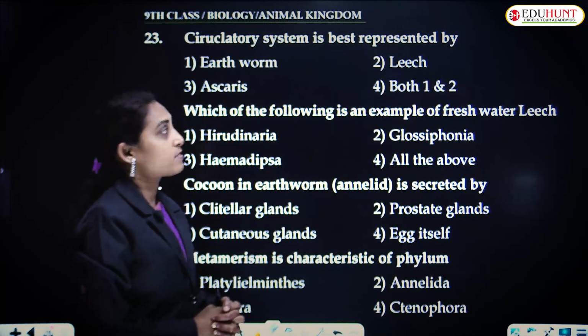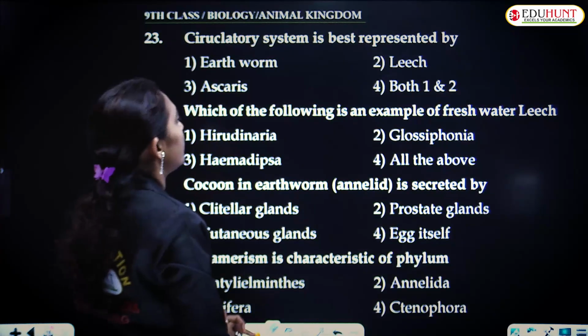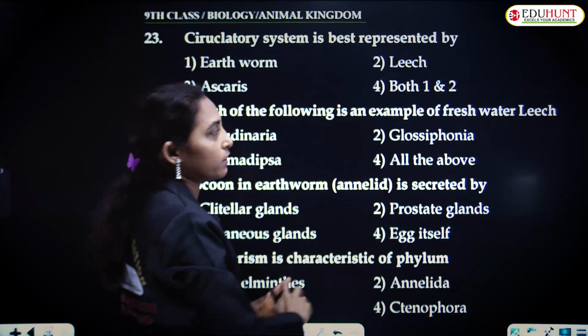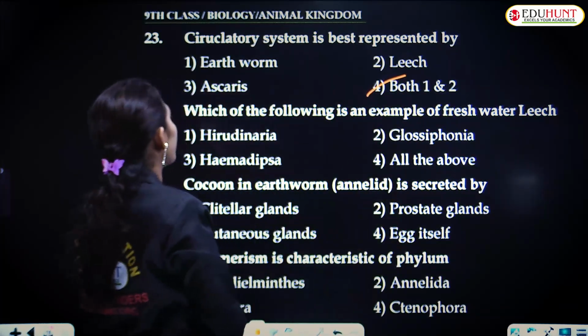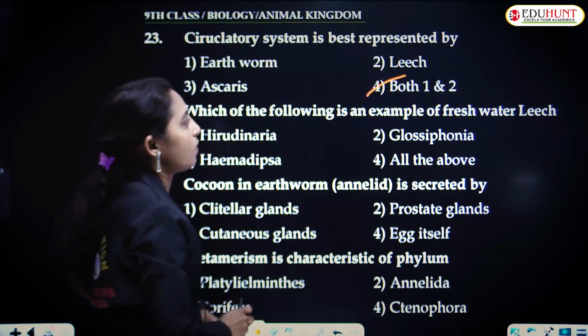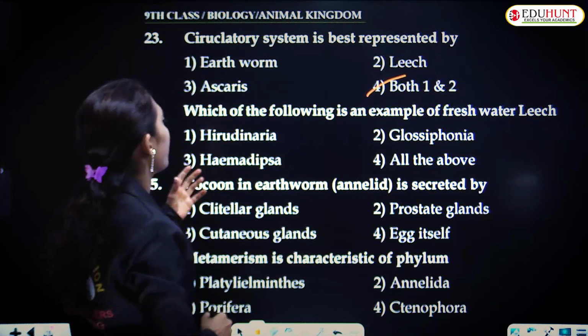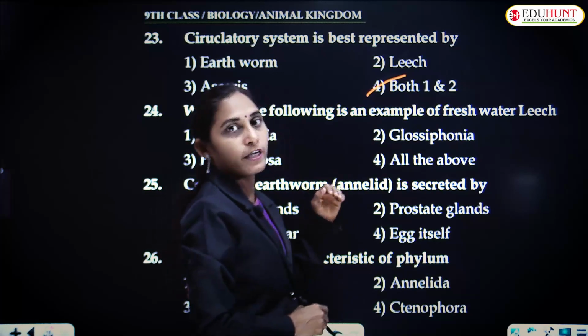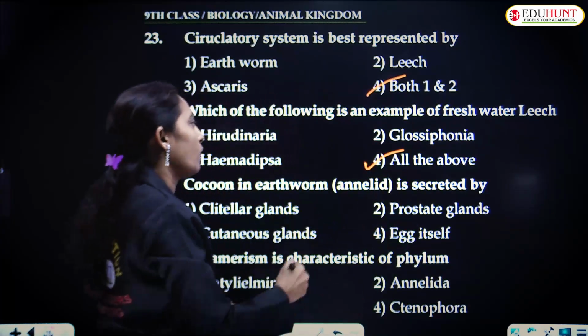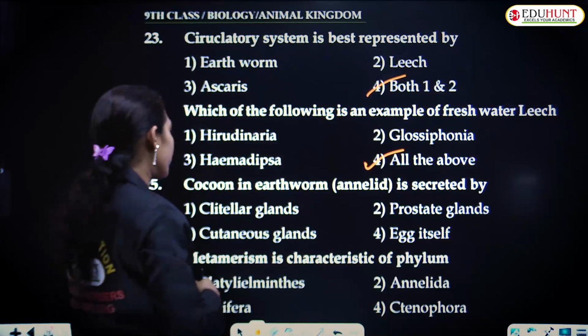Closed circulatory system is best represented by earthworm, leech, Ascaris, both earthworm and leech. Which of the following is an example of a freshwater leech? Hirudinaria, Hemiclepsis, Glossiphonia, all the above. All three animals are freshwater.